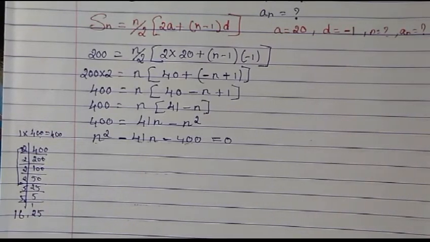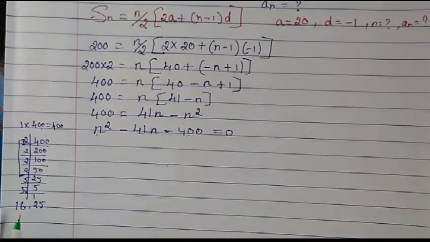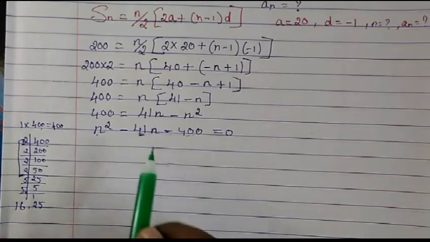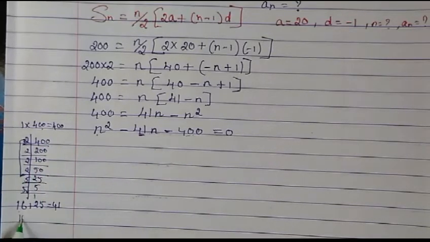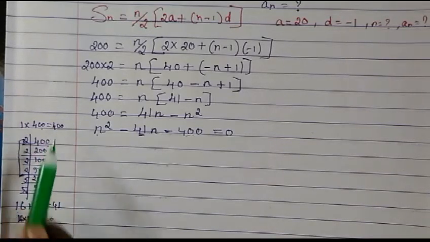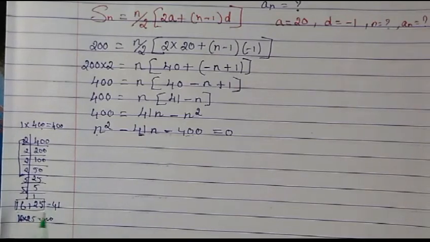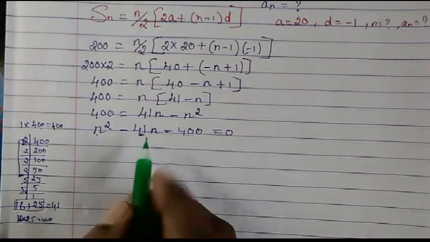Let's see whether this pair, if we either add or subtract, gives the middle term. 16 plus 25 gives us 41, and if you subtract 25 from 16 we won't get the middle term, but when we add them we get 41, and when you multiply you get 400. 16 into 25 gives us 400, so that means these are the factors. So this pair we will take: 16 plus 25 gives us 41. So instead of 41 we'll write 16 plus 25.